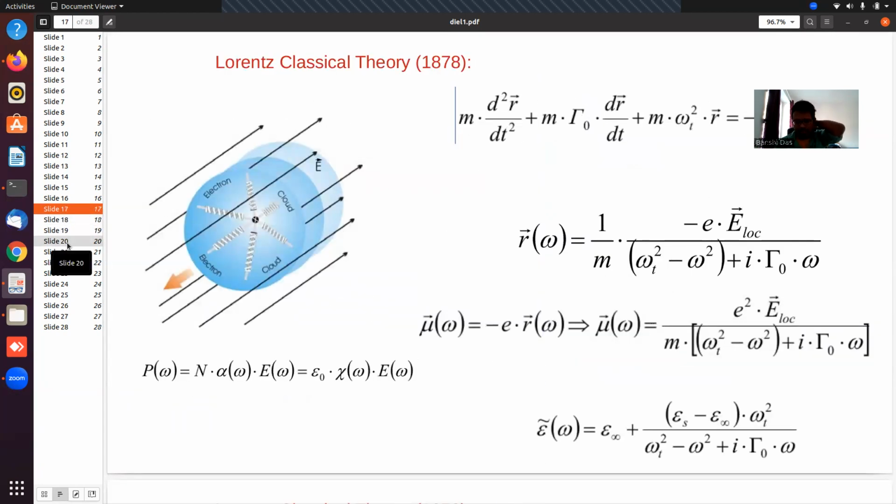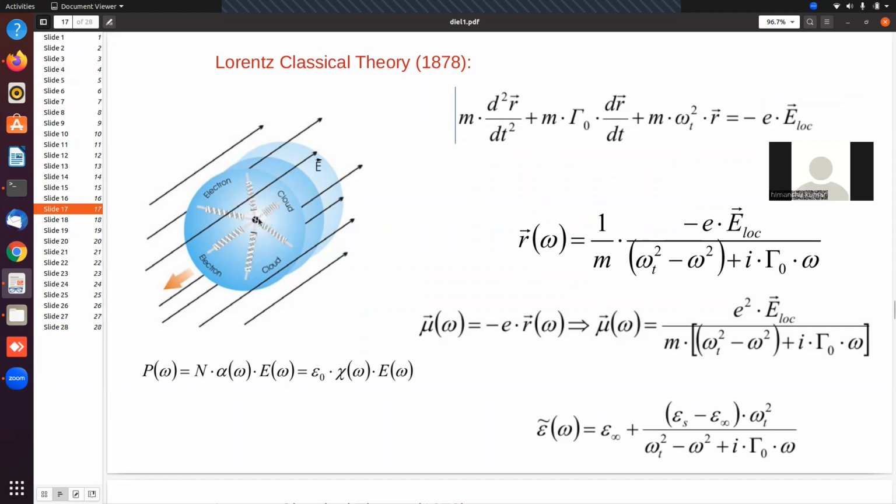So Bansida, I just have a doubt. This Lorentz classical theory, this is a master equation. So R is the coordinate, right? Yes, displacement. Basically, it's a vector of this point of interest inside the dielectric.